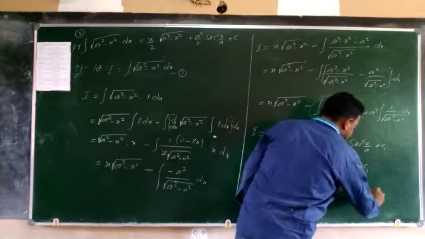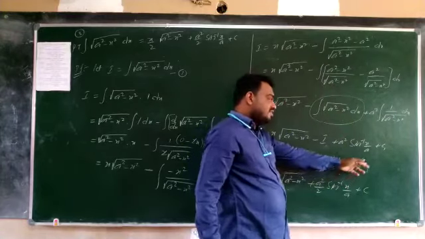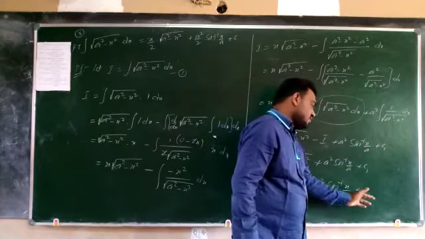C1 by 2 you take as capital C. Understood? So c1 is any constant, c1 by 2 is one more constant. That constant I am taking as C.